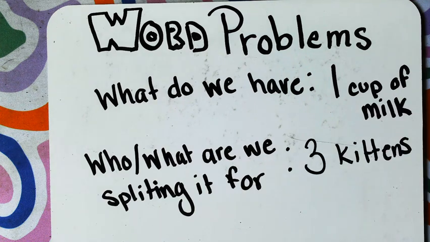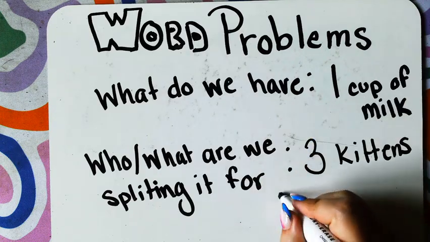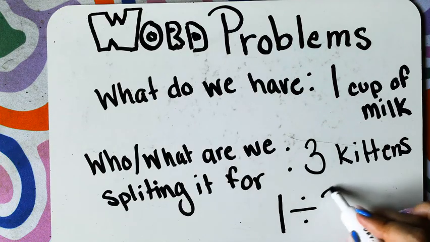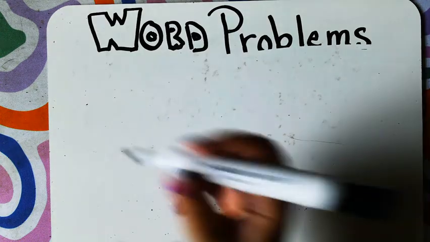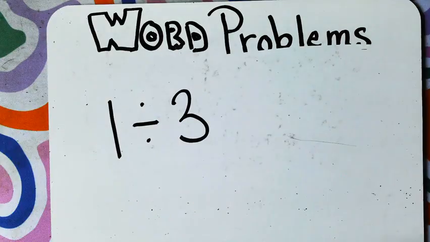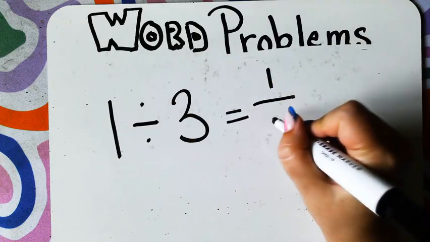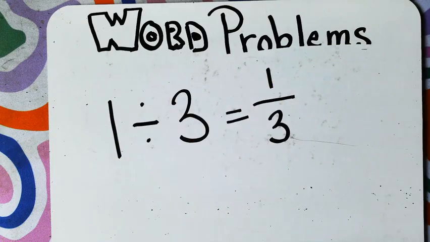So now I need to decide how to write this as a word problem. I'm taking 1 cup of milk and I'm dividing it by the 3 kittens who need the milk. So now that I have my problem, I can rewrite this as a fraction. I'm taking 1 cup of milk and dividing it into 3 bowls for the kittens.